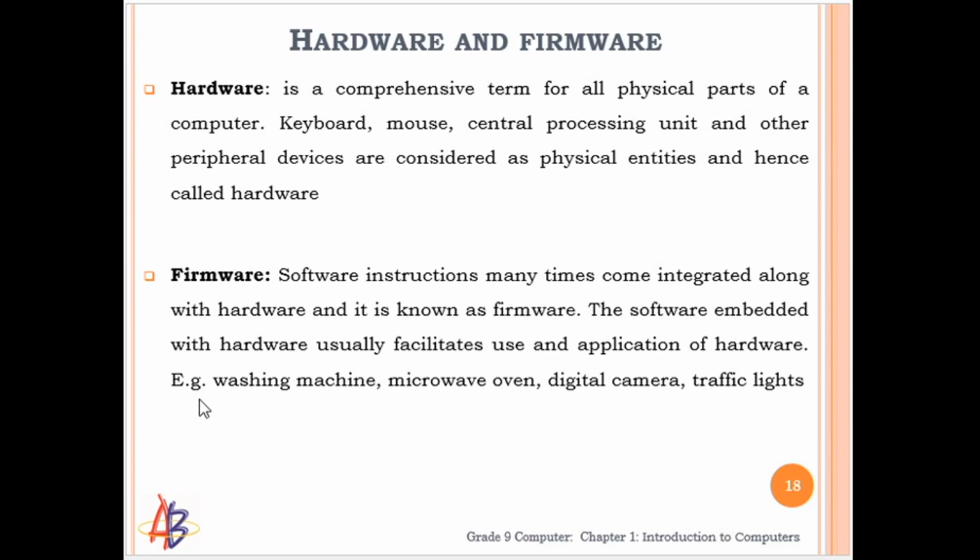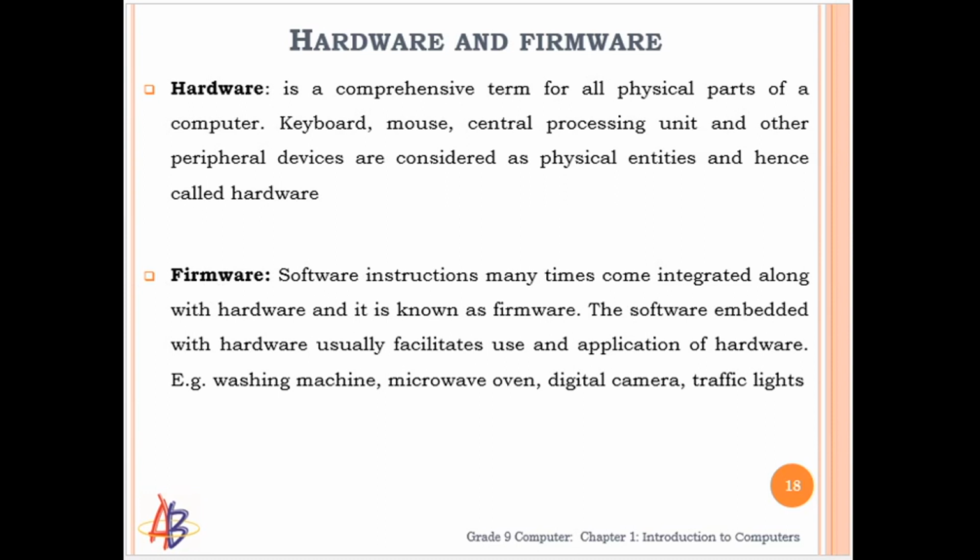For example, a washing machine. Program is stored in particular hardware to perform specific task, and that is known as firmware. So the software embedded with the hardware usually facilitates use and application of hardware. So that was all about chapter number 1.